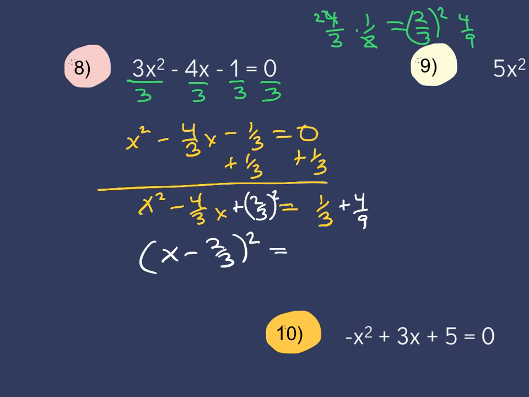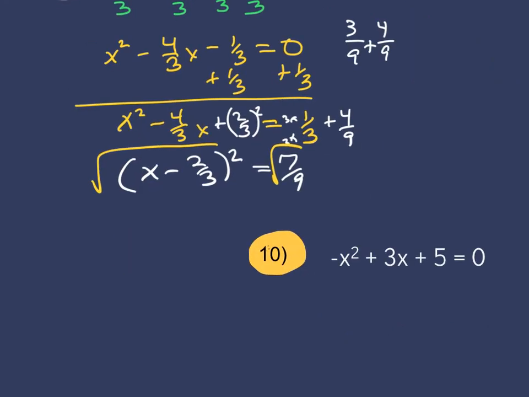I need to find a common denominator here, so it's going to be a 9, times by 3 times by 3. This gives me 7/9. Apply the square root method, and x minus 2/3 equals plus and minus square root 7 over 3.